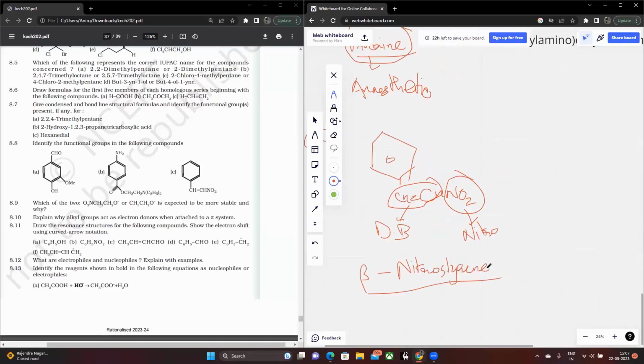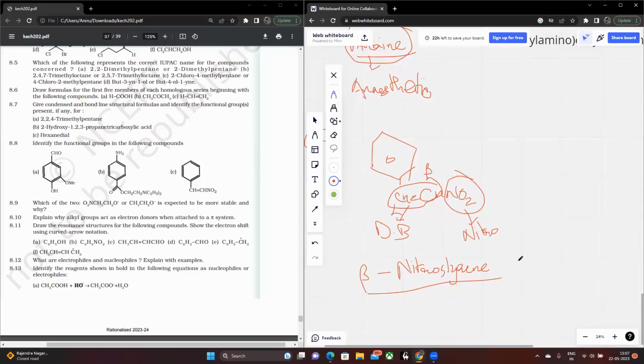It's given the name beta nitrostyrene, and I don't remember exactly why it's important. I don't think it's about polymerization, but it's named this because this is the alpha carbon and this is the beta carbon for styrene, right? The alpha is whatever the phenyl is attached to, because phenyl takes precedence.